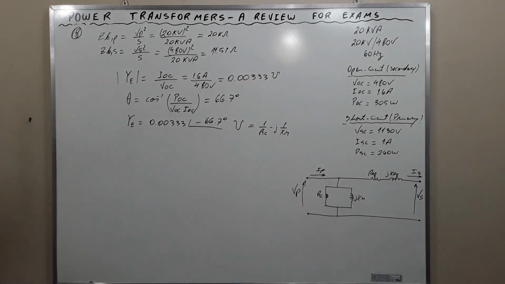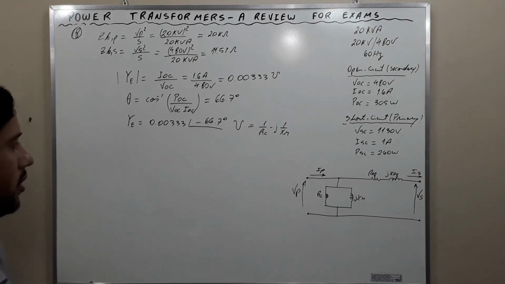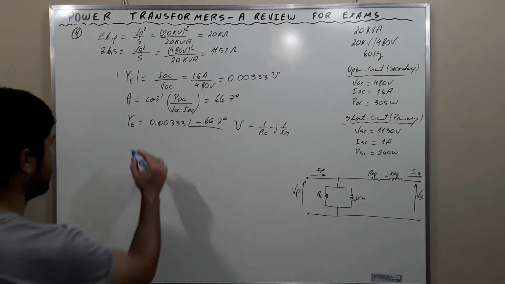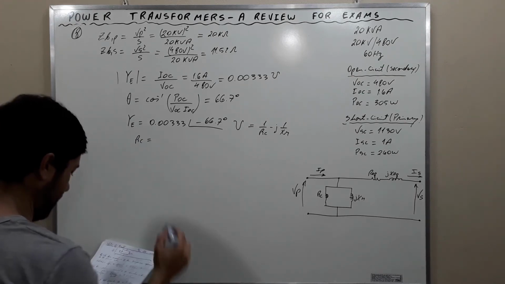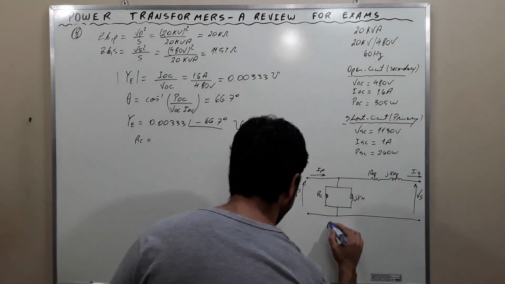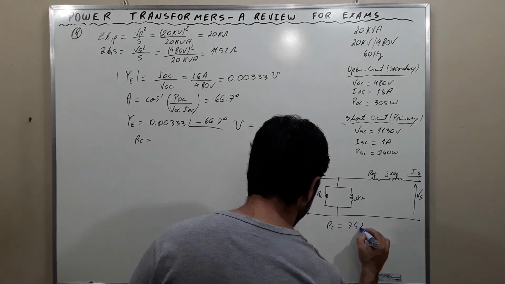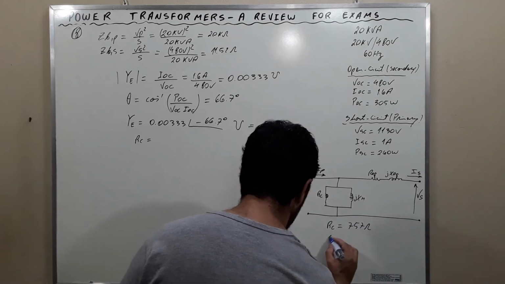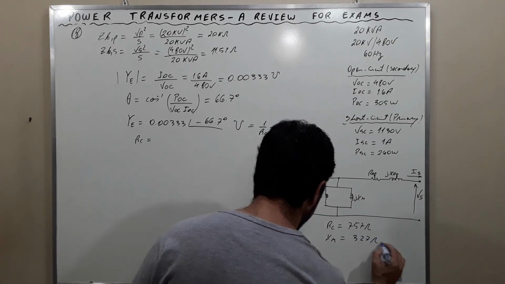We know that this is equal to 1 over RC minus j 1 over XM. And if we convert this from polar to Cartesian, we may find that RC is equal to 757 ohms. XM is equal to 327 ohms.